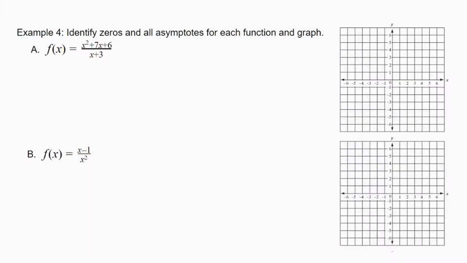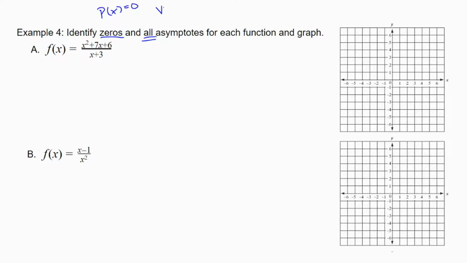All right, let's get into some examples here of how to find our horizontal asymptotes. But not only horizontal asymptotes, we are also going to find zeros and vertical asymptotes as well, because it says all asymptotes. Zeros are where we take our p of x and make it equal to 0.